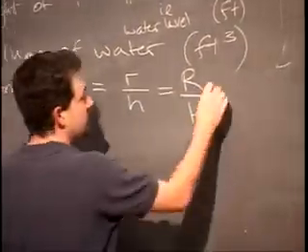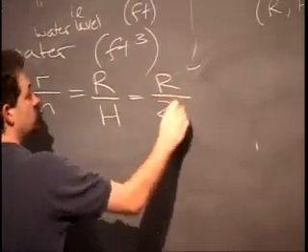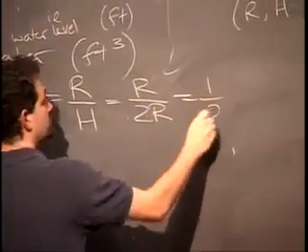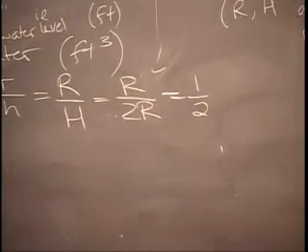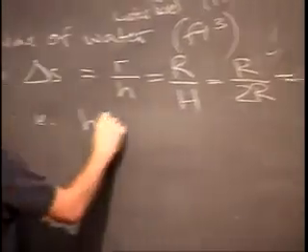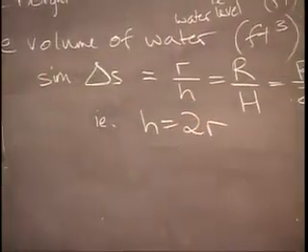So I don't know what these are, but I know that H is 2R. So this is just 1/2. Another way of writing this is that H equals 2R. And that is one equation.